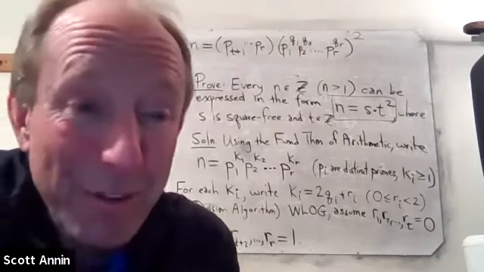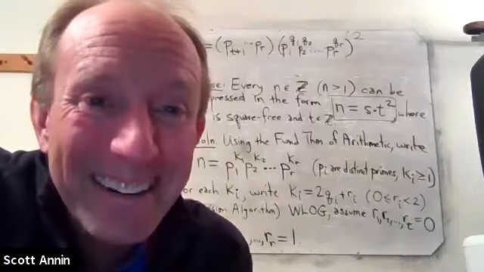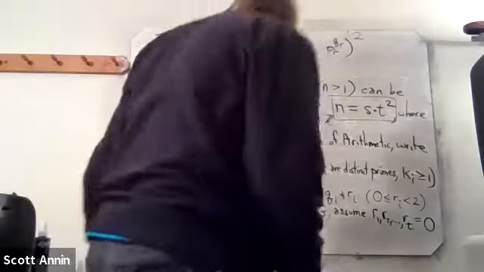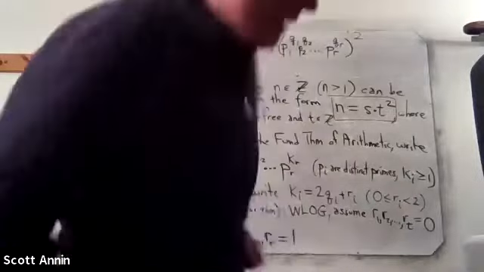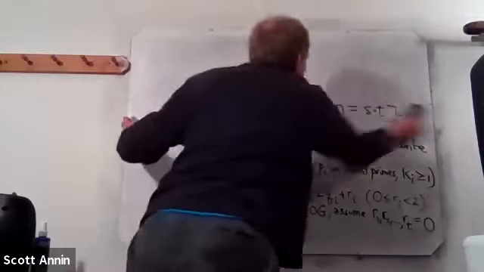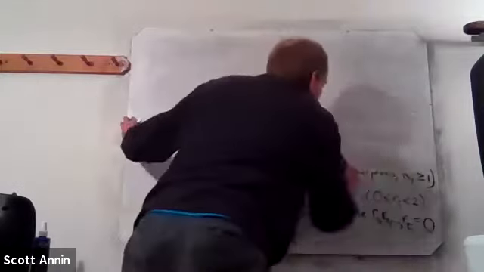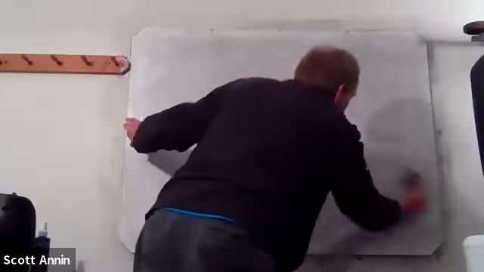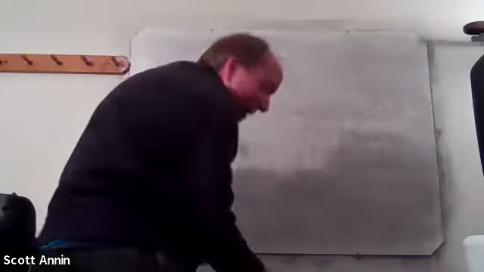No, maybe we need to review this then. I'm going to make up another problem right now, and this will be easier than the one we just did. So let me make up another example. So let's try this one. I believe we did this.